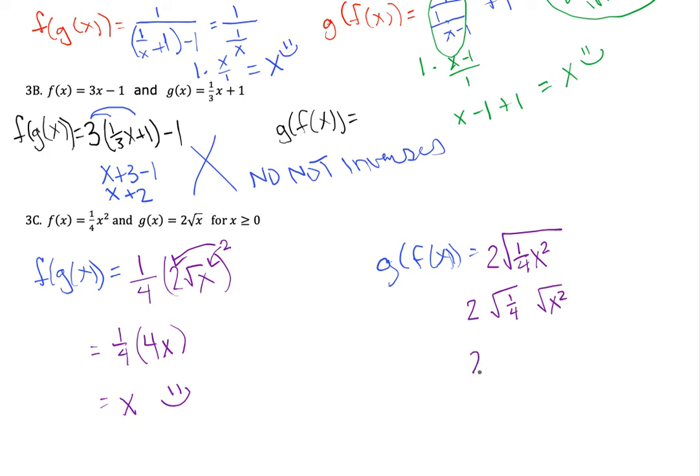All right, 2 times, well, the square root of 1/4 is 1/2, because 1/2 times 1/2 is 1/4. And the square root of x squared is x. So when I multiply these all together, I simplify to an x, and I can say yes. Woo! I'm happy.